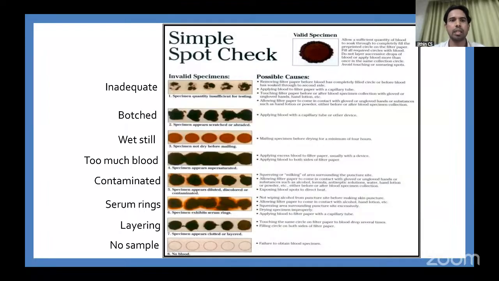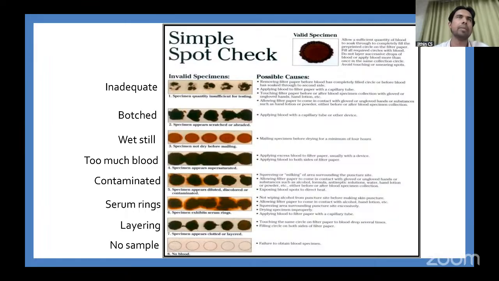The other reasons the sample could be inadequate: as I said, if the filter paper is not dried properly, the wetness in the filter paper would cause the analytes to decrease, and we would get a false negative report. Sometimes we put too much blood so that it overlaps into the other circle.